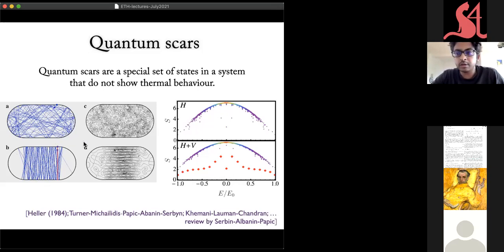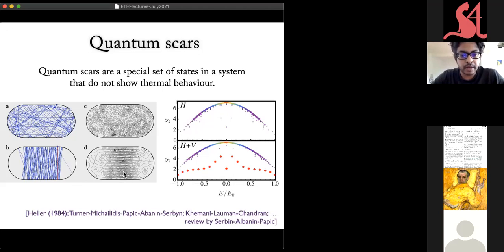And the quantum analog of this is that for a generic state, which is classically chaotic, the quantum analog is a random superposition of plane waves. So that's this thing which you have over here. It's very chaotic and random. On the other hand, the quantum analog of this state, which bounces back and forth between these horizontal walls, is something like this.